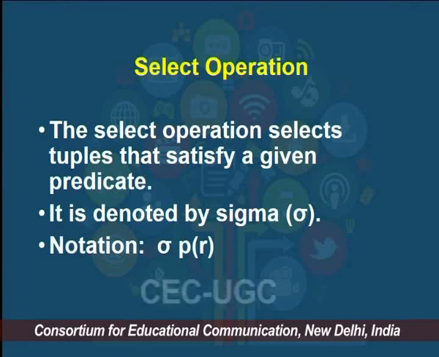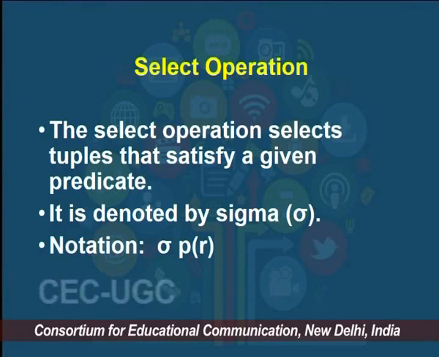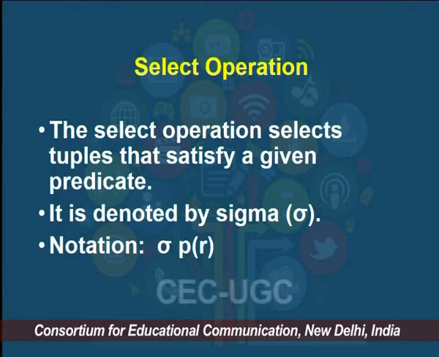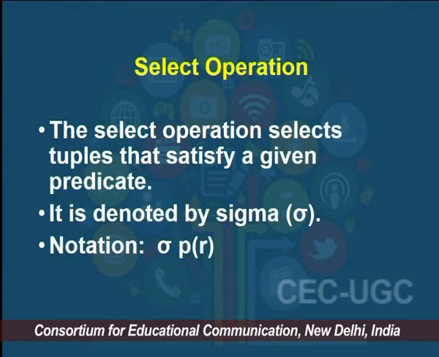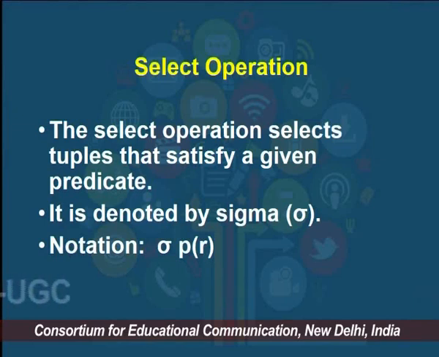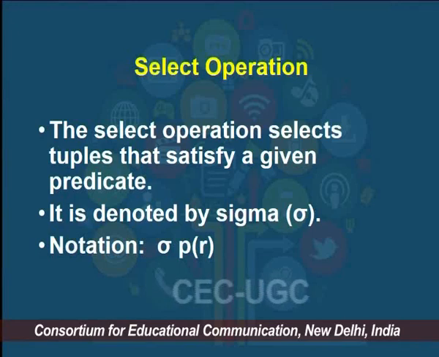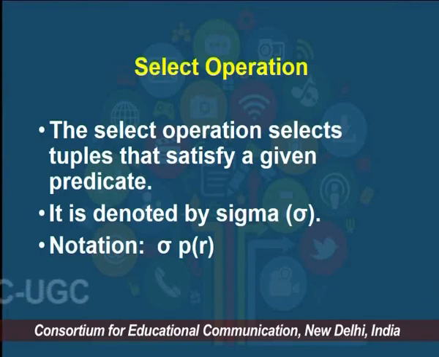The select operation basically selects a tuple, that is a row, that satisfies a given predicate. We have a condition, which in relational algebra we call a predicate, and the rows satisfying the given predicate will be selected, and then a new relation is formed.